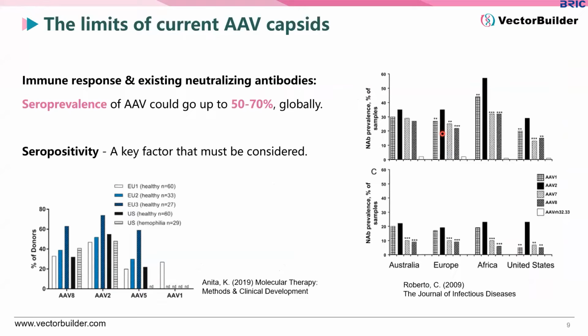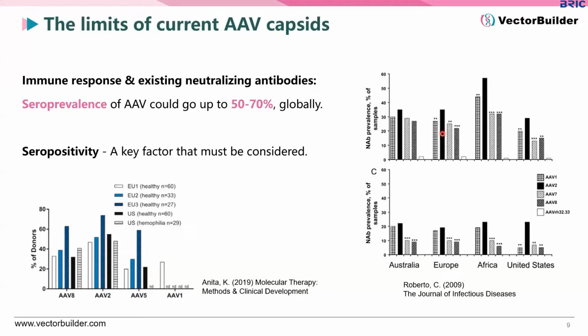Seroprevalence, based on regions all over the world and the serotypes, could go up to about 50 to 70% globally. So seropositivity is a key factor that a drug developer should consider: which community or group of patients you will be targeting, what the location of your clinical trial is, and what kind of serotypes you are considering using.